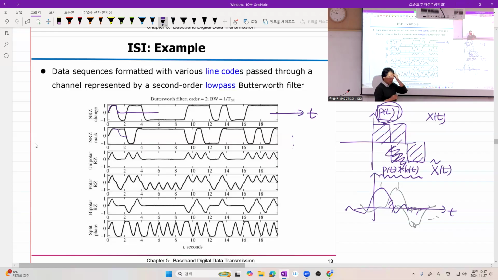So have the intuition in your mind: given the same channel, depending on your choice of pulse shape in, for example, the line encoder, you may suffer different levels of intersymbol interference. Got it? Okay, that's all for today.